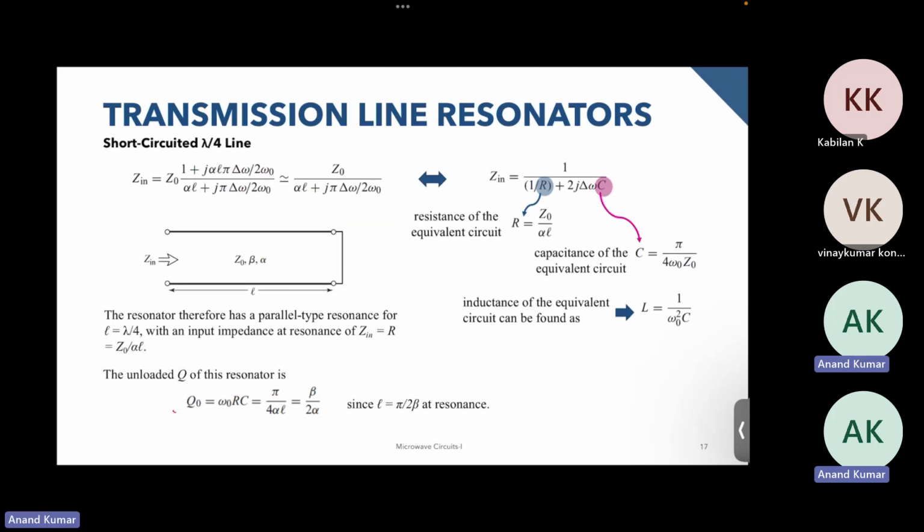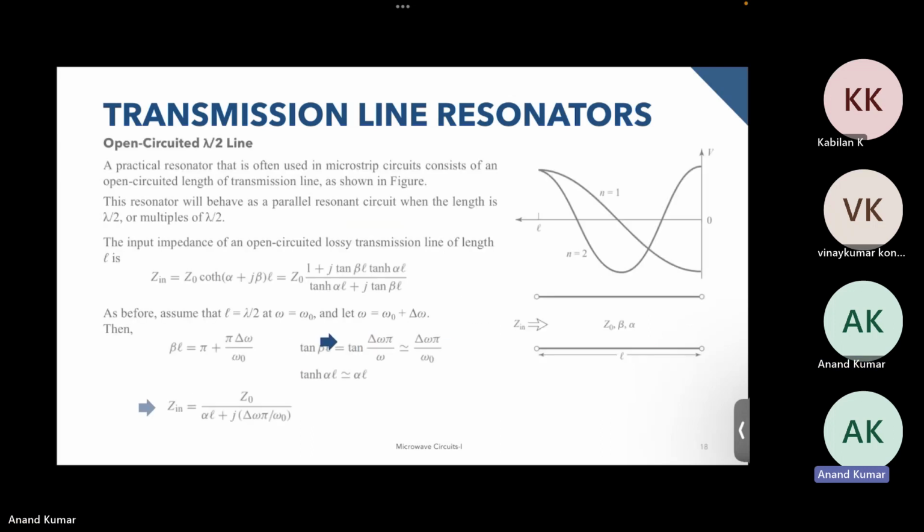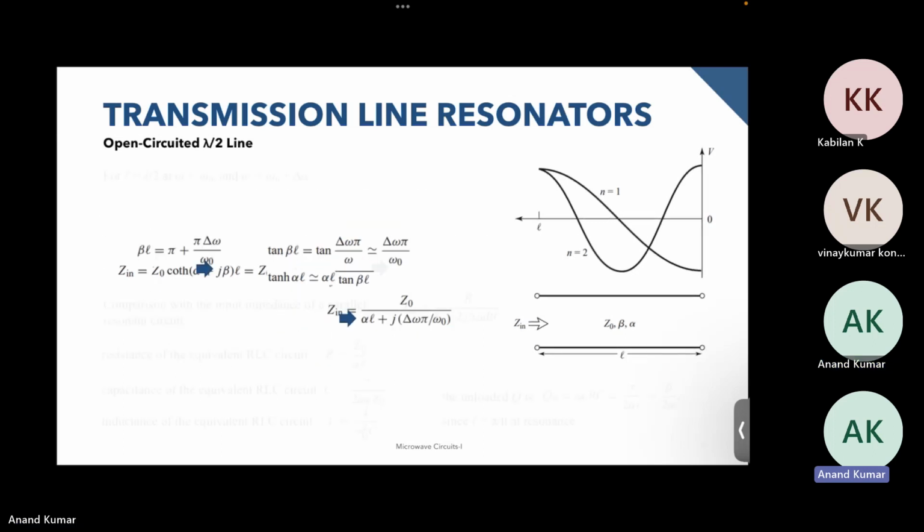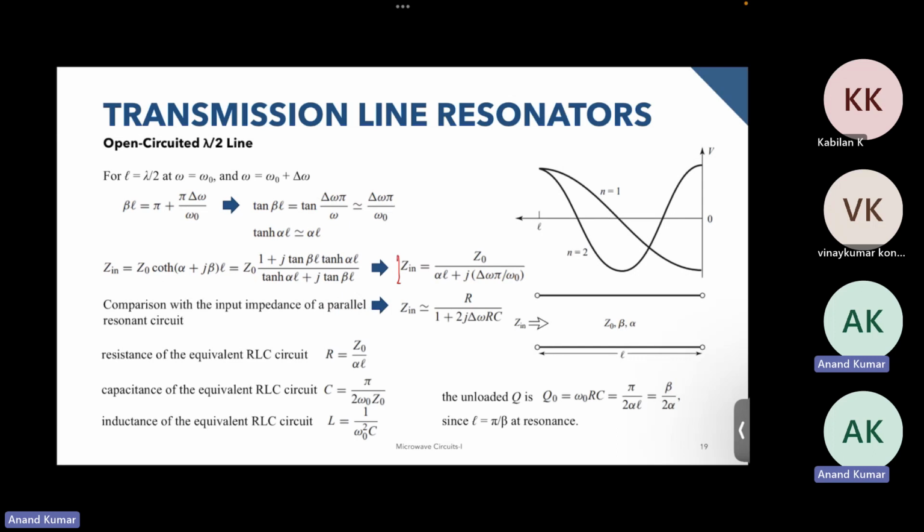Once we have this, we can also calculate the quality factor. Similarly, this can be done for the open circuited lambda by 2 line. We calculate the Z input, which comes out looking something like this, and this input impedance is similar to that of a parallel RLC circuit. Then we can equate and calculate the resistance, capacitance, inductance, and the quality factor.